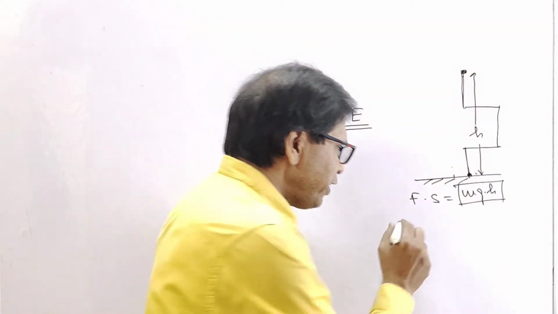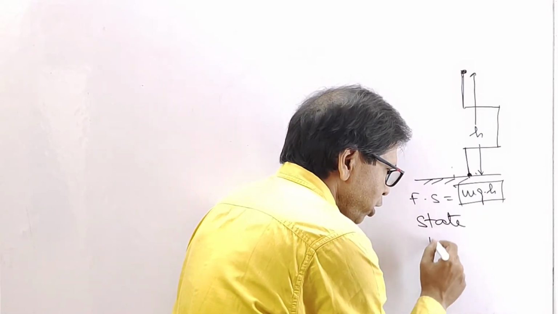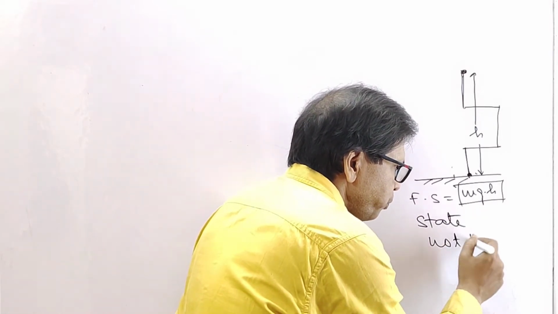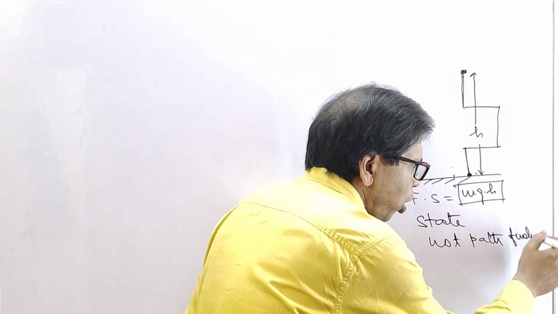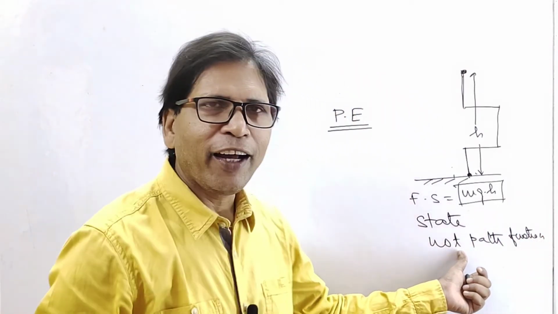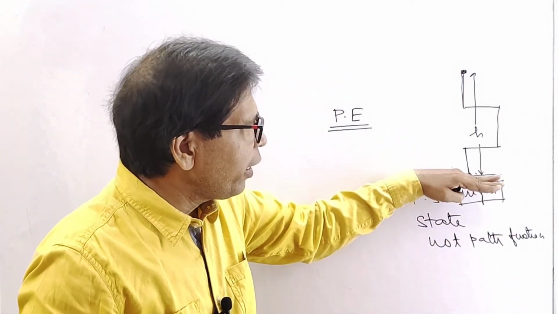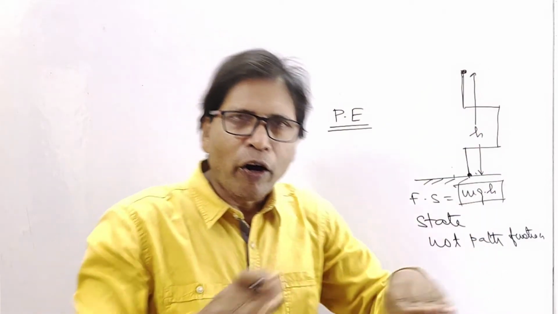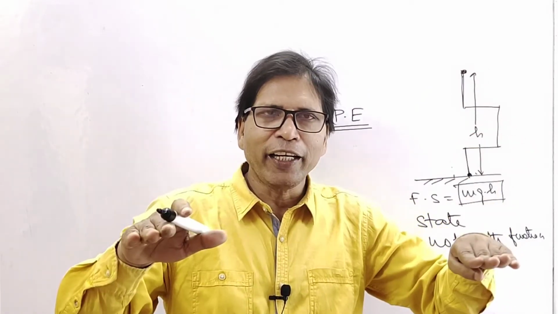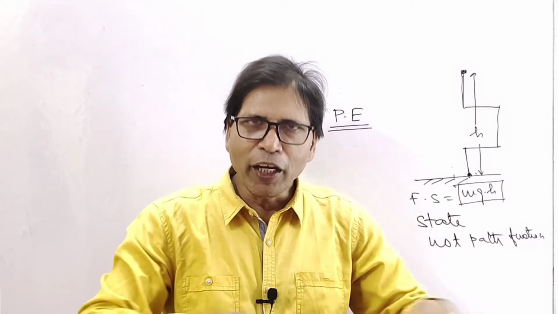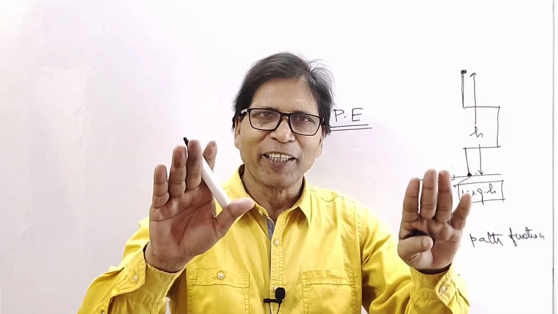So it is a state function, not a path function. Okay, understood? The potential energy of a body above the earth's surface or above a reference point is positive, and the potential energy of a body below the earth's surface or below a reference point is negative.